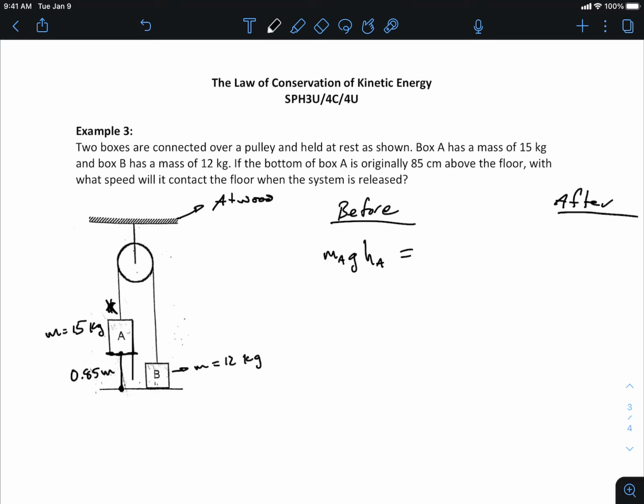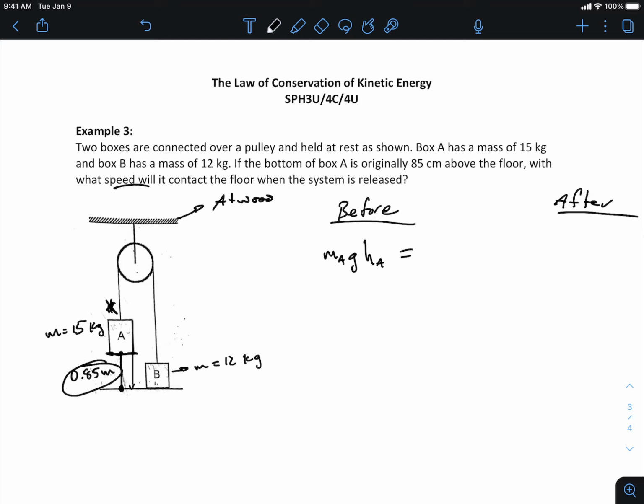Block A is going to slam into the floor, and block B is now going to be lifted up off the ground to the same height that block A was initially. Okay, we want to figure out what the speed will be for block A when it hits the ground. What the velocity or speed is of block A.